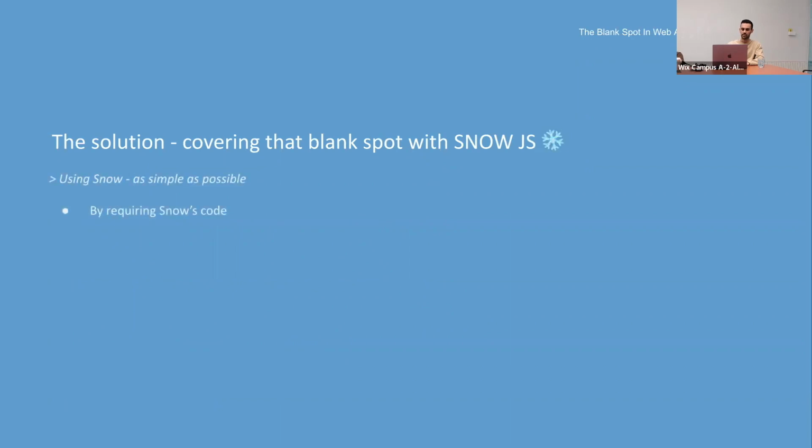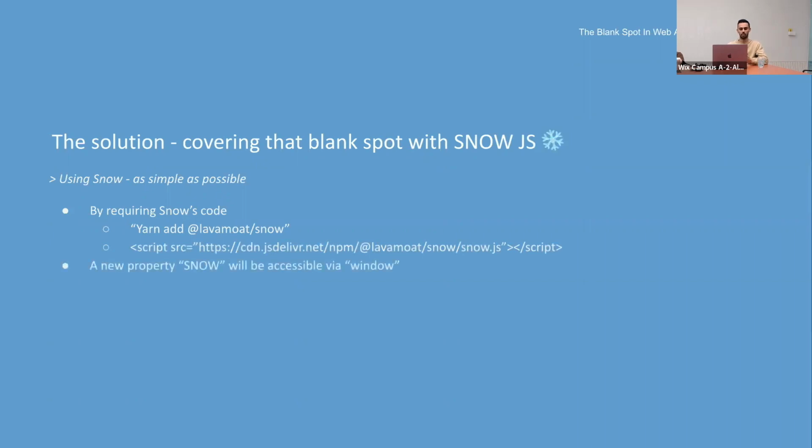And let's talk real quick about how we actually consume Snow. You can install it using the classic npm or yarn install. You can also include it as the first script in your application, and it will automatically apply the shim and expose the new API that you consume as part of this application.